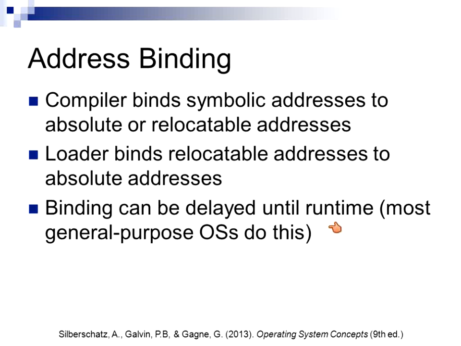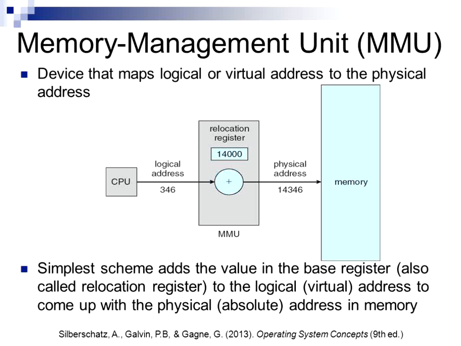So with dynamic loading, we don't actually load those pieces in until we need them, and that's at runtime that we know when we need them, and so the addresses aren't bound until we get to the actual runtime and we know we need that piece of code. Okay, so we could do it at compile time, we could do it at load time, or we can do it at execution time. And when I say we, I mean the operating system.